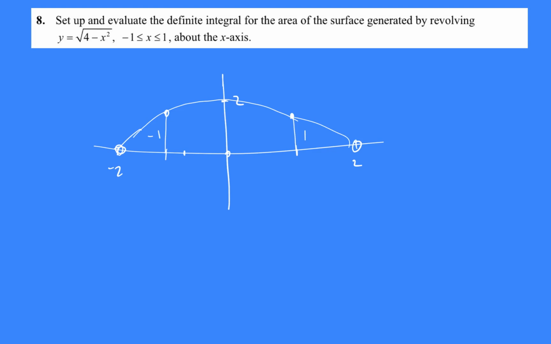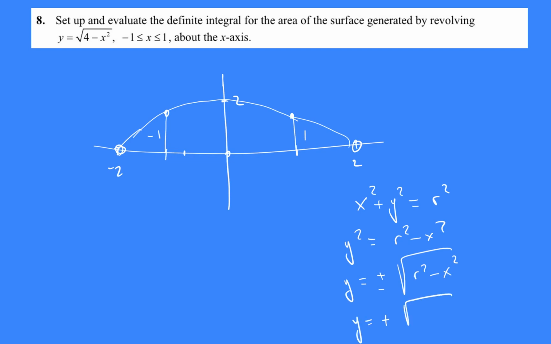The other thing is to remember that the equation of a circle is x squared plus y squared equal r squared. So y squared is r squared minus x squared. So y is plus or minus the square root of r squared minus x squared. So the equation that the problem is presenting is plus the square root of 4, which is 2 squared, minus x squared.